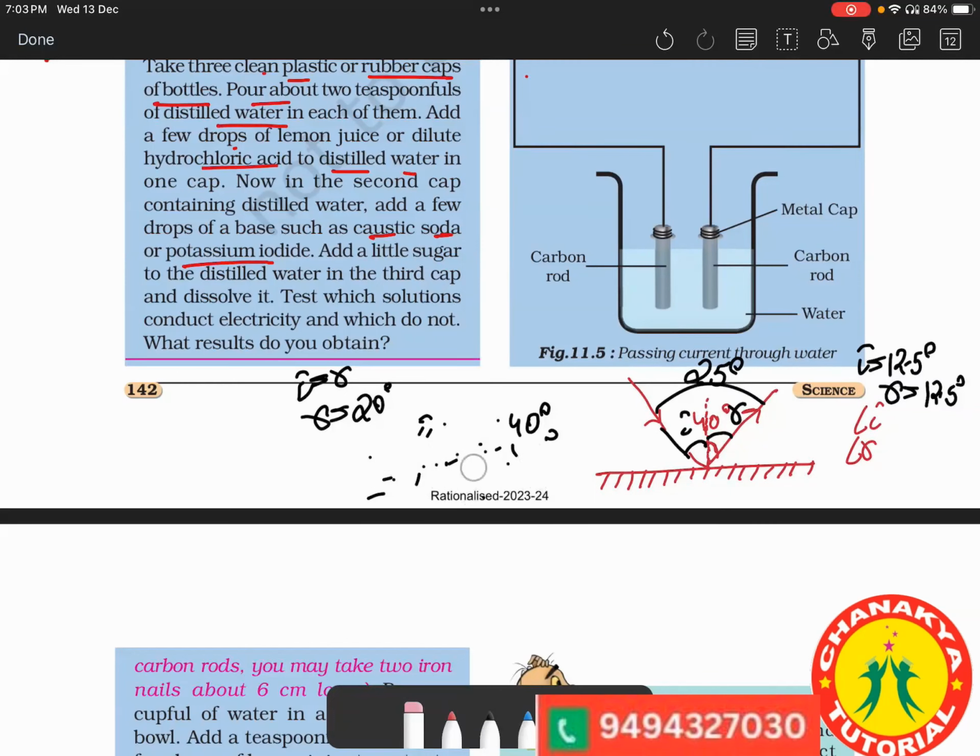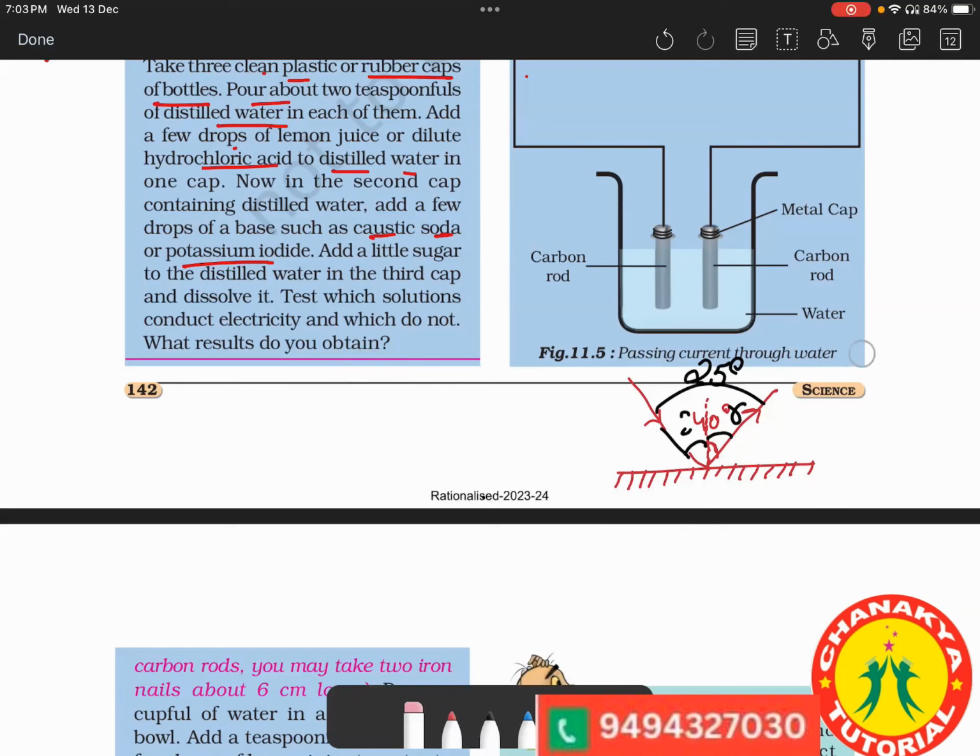So 20 degrees is the angle between I and R, right? No. What are you saying? Repeat it. Will 20 degrees be the angle between I and R? No, 20 degrees is the angle between the incident ray and the normal.